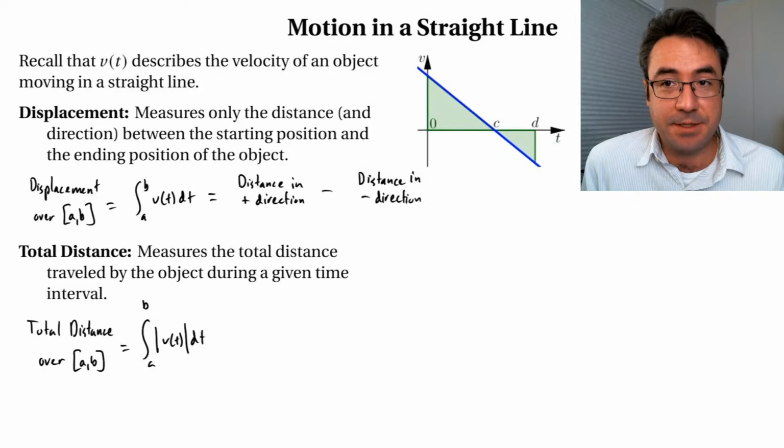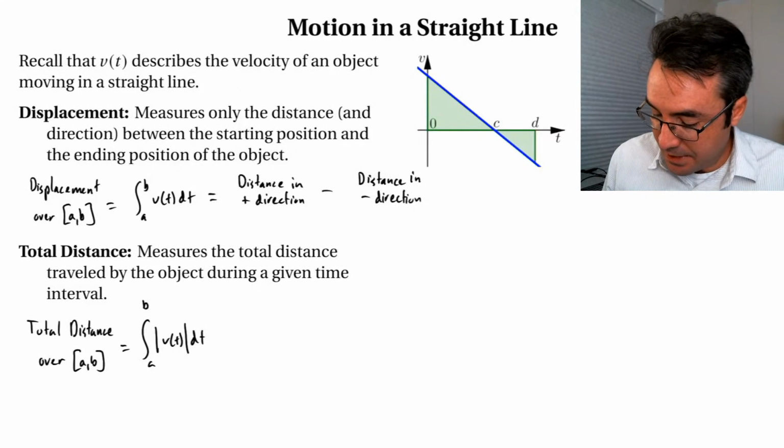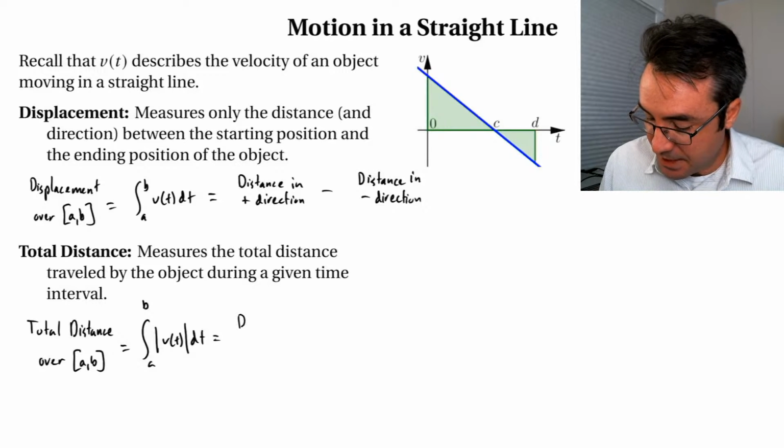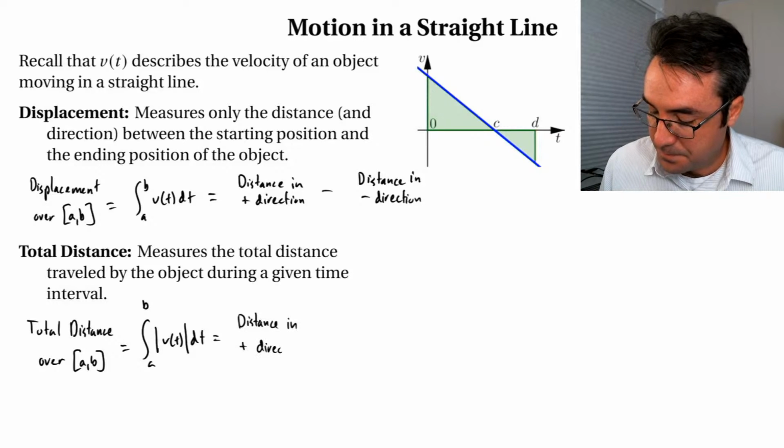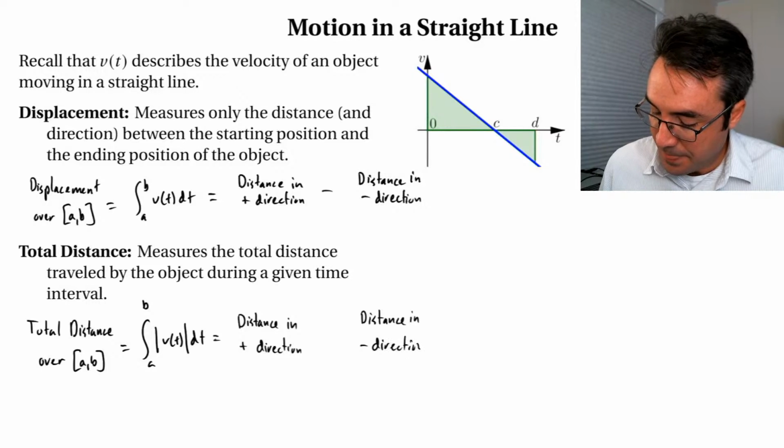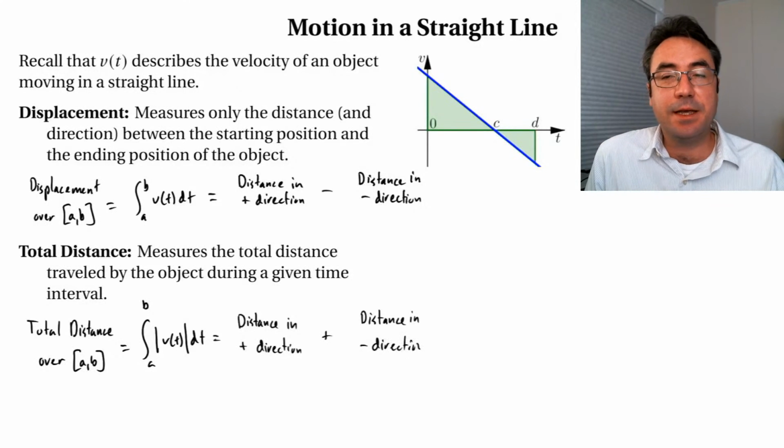Now, total distance, what that does is it takes the distance that we travel in the positive direction, and it takes the same thing, distance in the negative direction, but now we're not interested in direction.